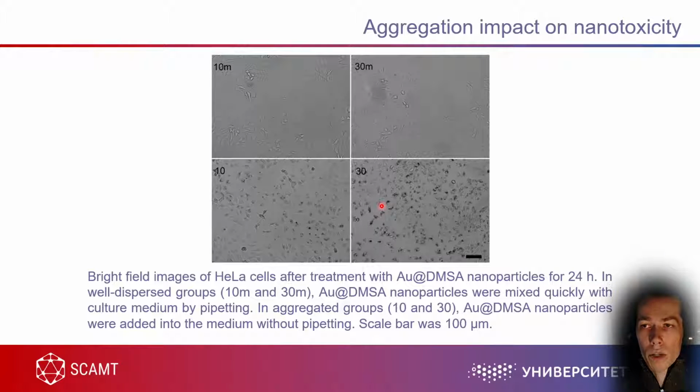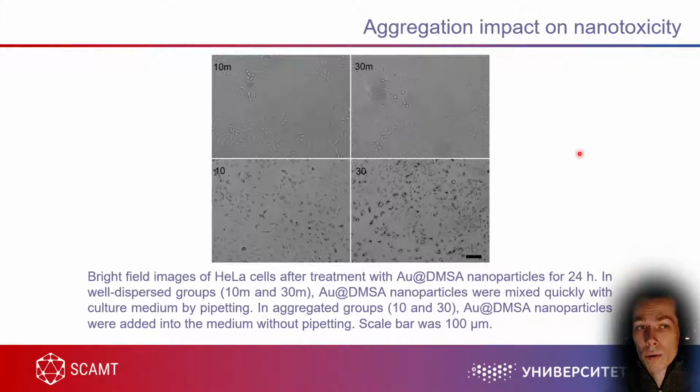But what about the impact of aggregation on nanotoxicity? If we have very well dispersed particles in your media, you will see no nanoparticles via optical microscope because they are very small. But in case of poorly stabilized particles, they will sediment and aggregate, and you will start to see some particles, presented here like black dots.